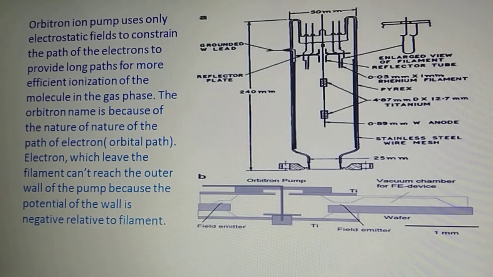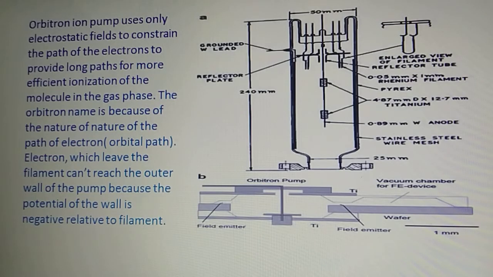So this orbitron pump is also called the orbitron ion pump, and it uses only an electrostatic field to constrain the path of electrons to provide a long path for more efficient ionization of the molecules in the gas phase.